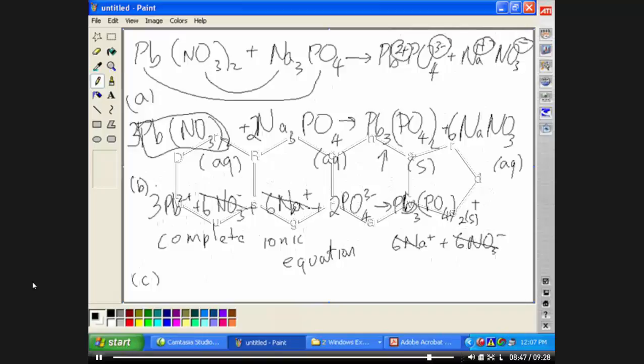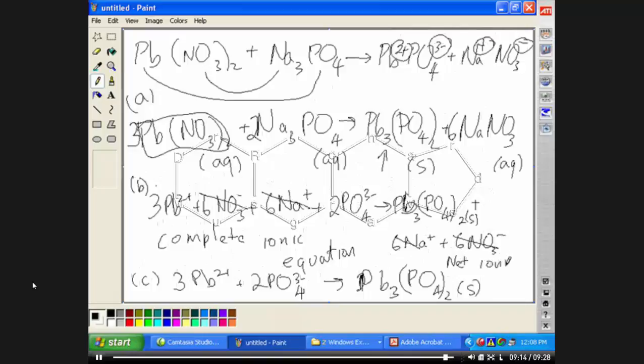All of those will disappear, and the net ionic equation is going to be 3 Pb2+ plus 2 PO4 3 minus. And that is the reaction that causes the production of the solid. So that's Pb3(PO4)2 solid. And that is the net ionic equation.